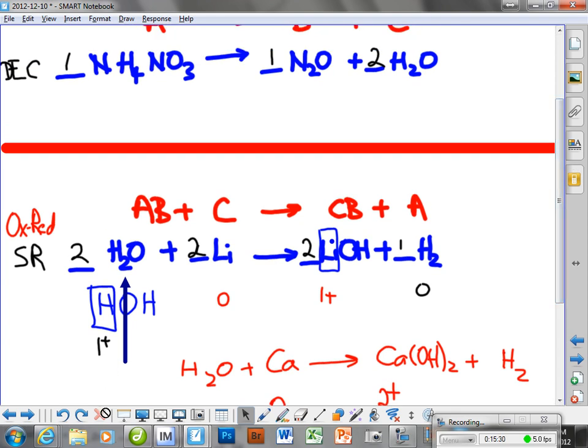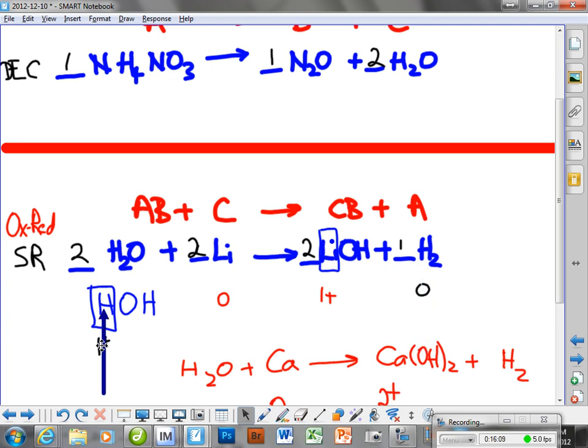So with hydrogen here, we actually have hydrogen on either side. And so the hydroxide part goes over here, and the hydrogen that was here is being moved over to here to become an element. So he's a 1+ here, and he has no charge here because it's just the element.